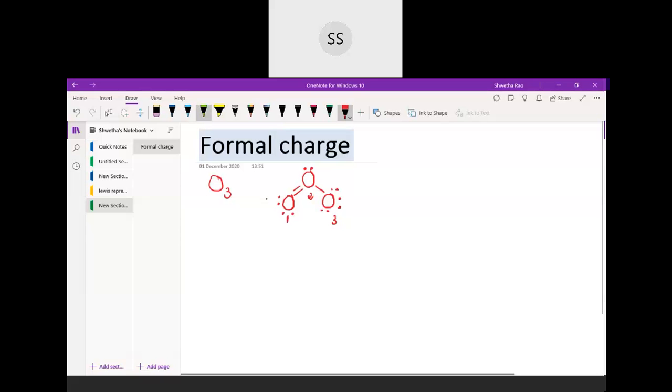But when you calculate their actual valence electrons, I took the ozone example yesterday also. So here, first oxygen, second oxygen, and third oxygen. Now we will see the number of electrons they have here altogether, comparing with their valence electrons after they have finished sharing.